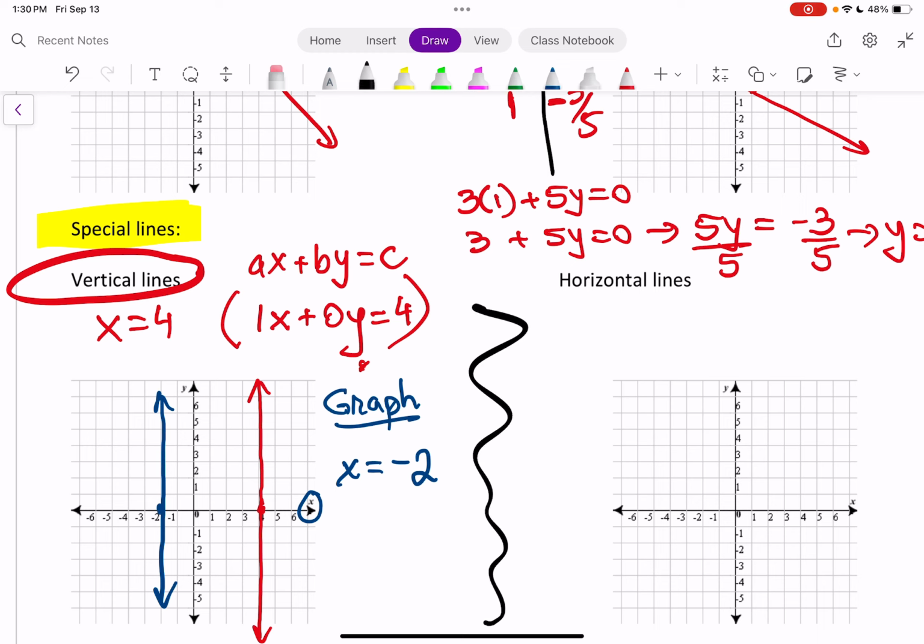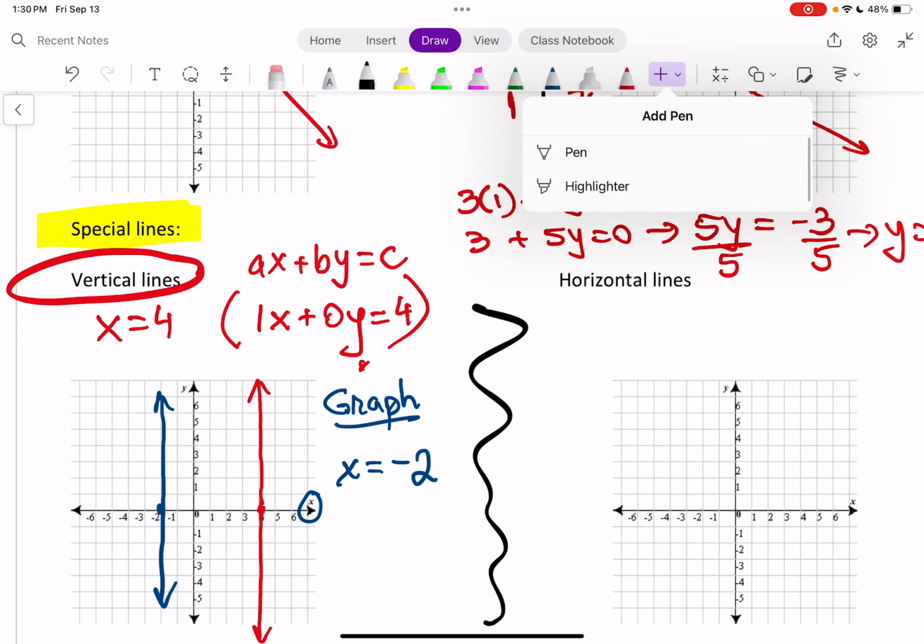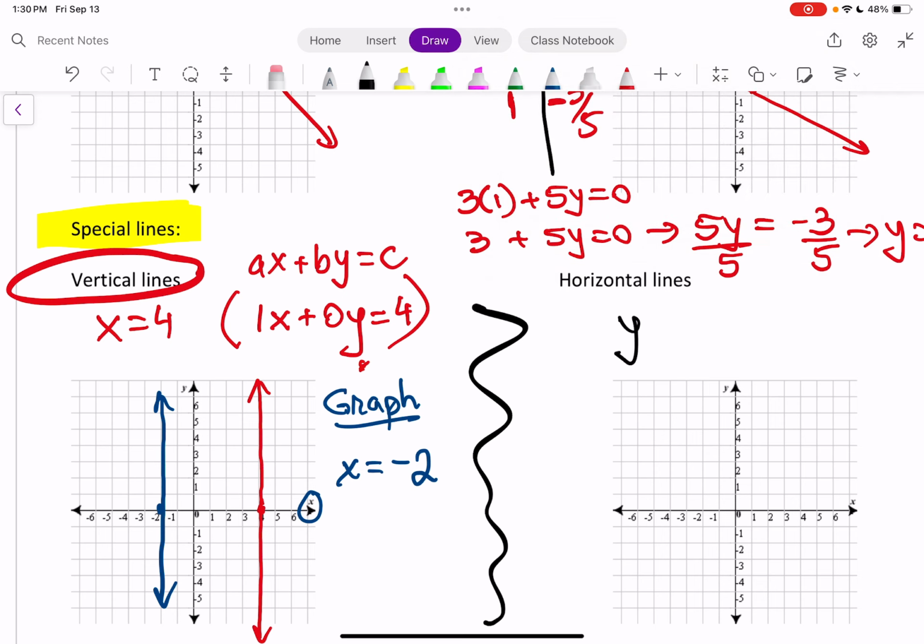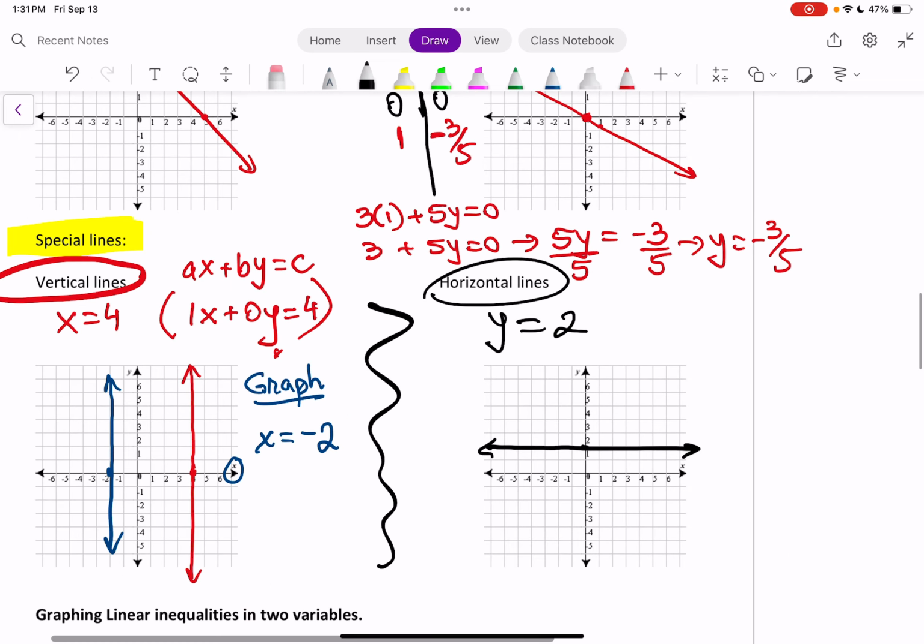The same way, horizontal lines will have equations that say y equals some number. And by the way, those are the constant functions we discussed in 1.3. Because remember, f of x equals 2, we said is y equals 2, which is a horizontal line crossing the y-axis at 2.